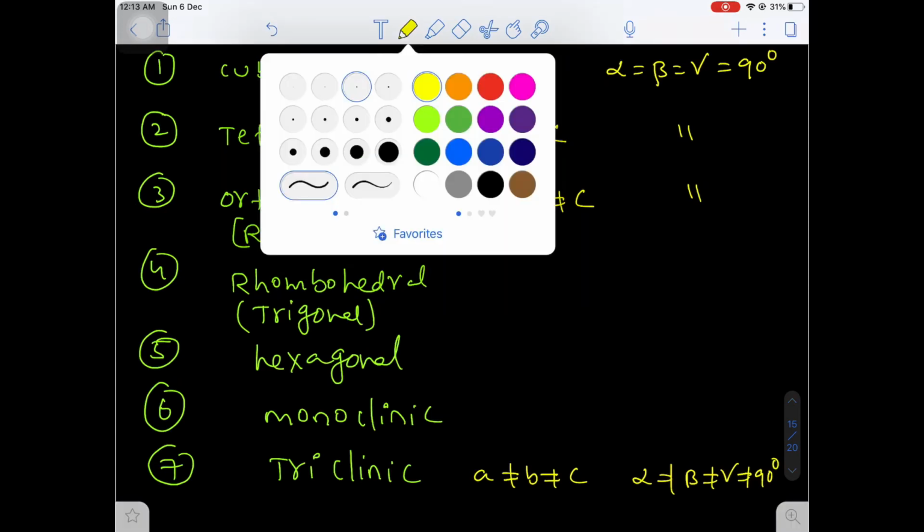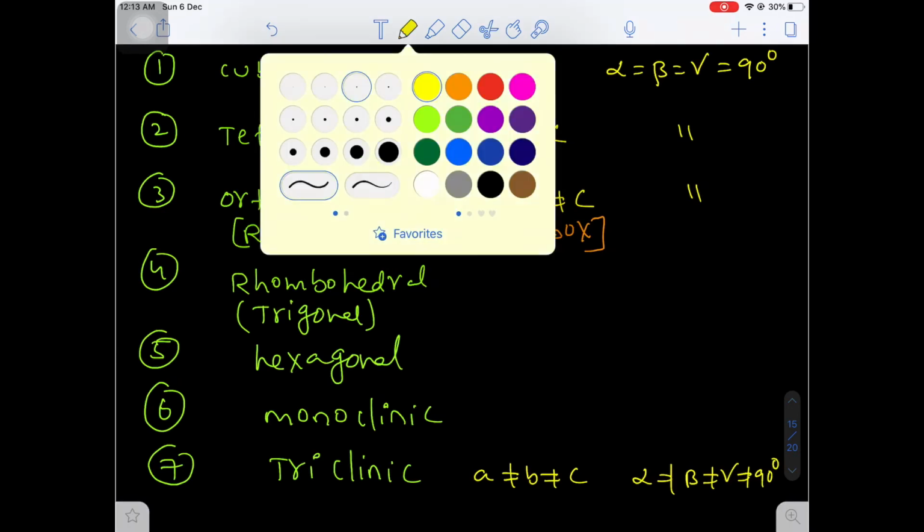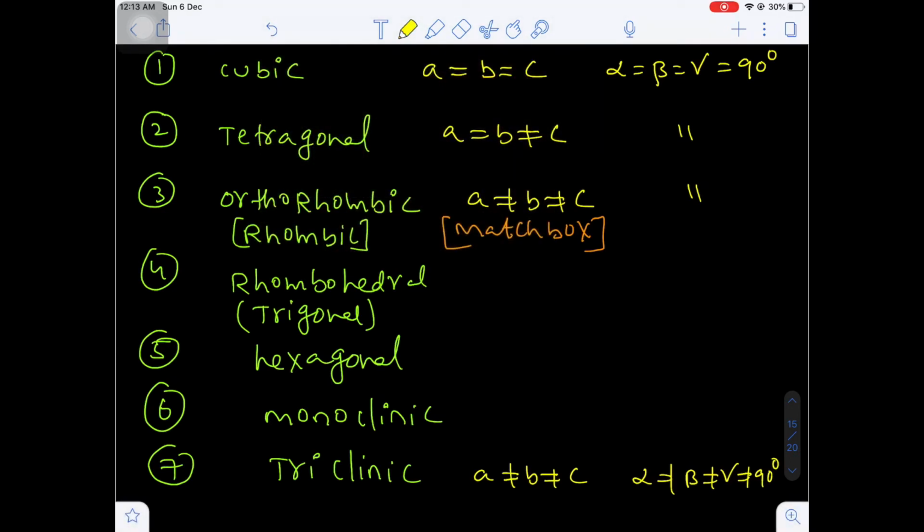The orthorhombic system is also known as a matchbox type system, where the three lengths are not equal, still alpha, beta, gamma equal to 90 degrees. Now rhombohedral: a, b, c are equal, but alpha, beta, gamma are not equal to 90.